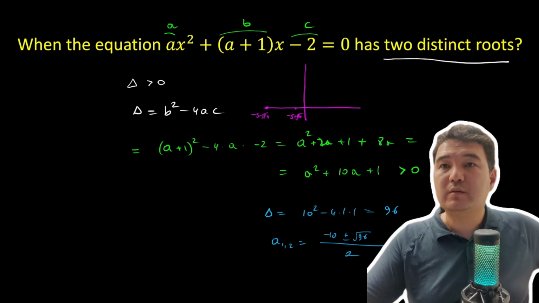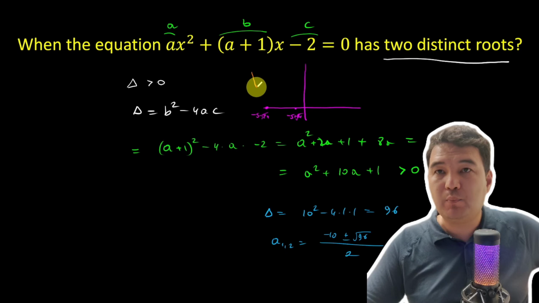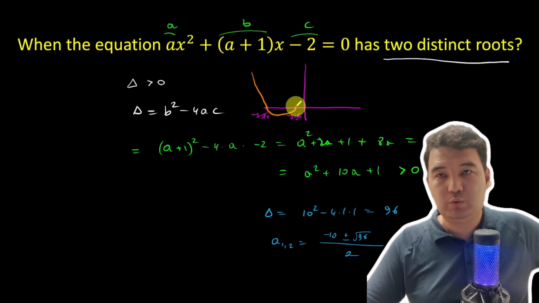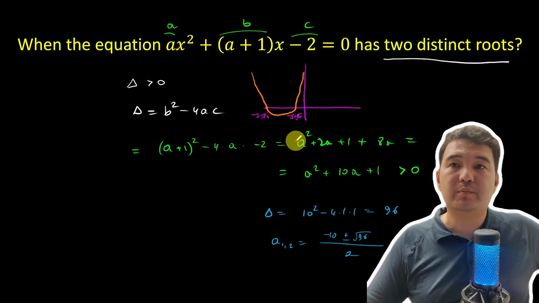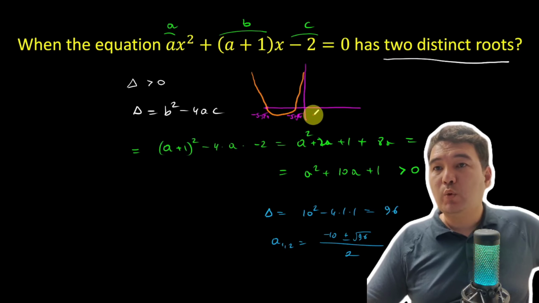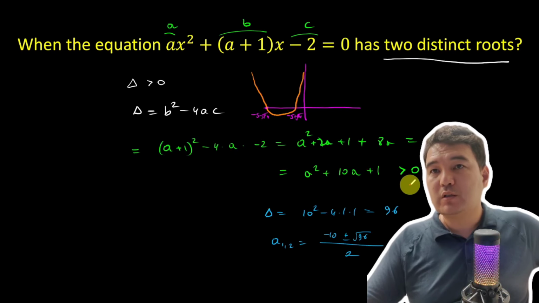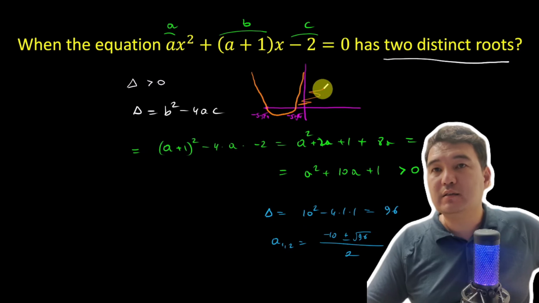And the parabola is going to be something like this, an upward parabola with two roots, because the leading coefficient is positive. Which means we wanted this expression to be positive, and the result is this part and this part.